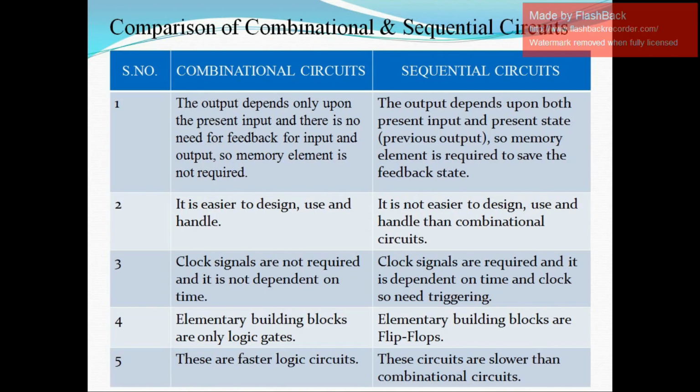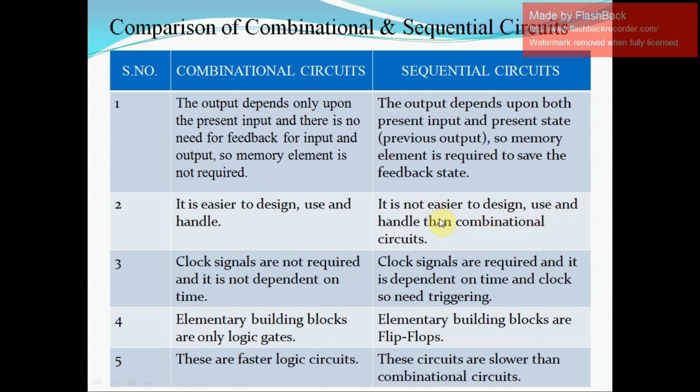Let's go through the comparison points of combinational and sequential circuits. The first point: in a combinational circuit the output depends only upon the present input, and there is no need for feedback from output to input, so a memory element is not required. In a sequential circuit, the output depends upon both present input as well as previous output, so a memory element is required to save the feedback state. The second point: a combinational circuit is easier to design and use and handle.